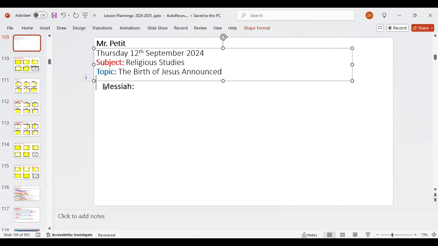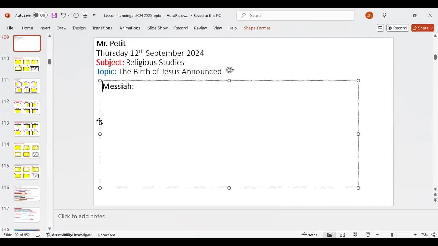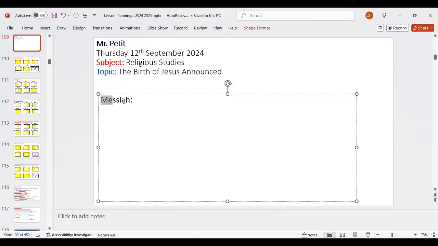Messiah just means teacher. The son of God. No. Ricardo, king or anointed one. That's what we mean by Messiah. King or anointed one. Right?